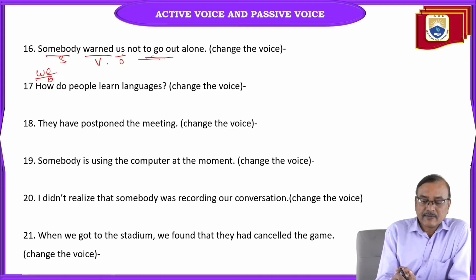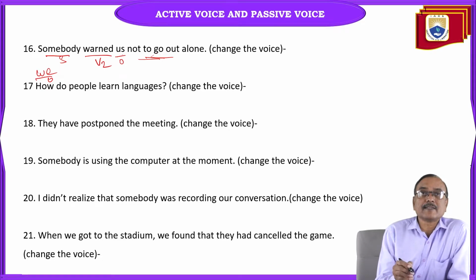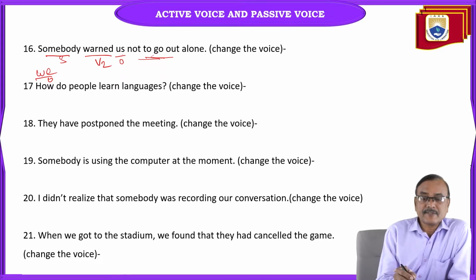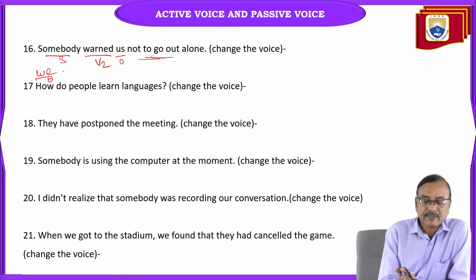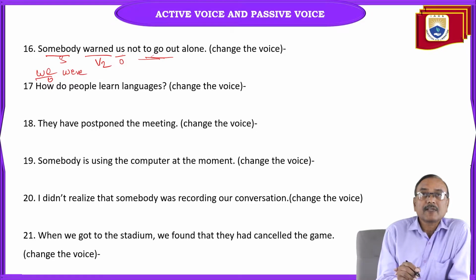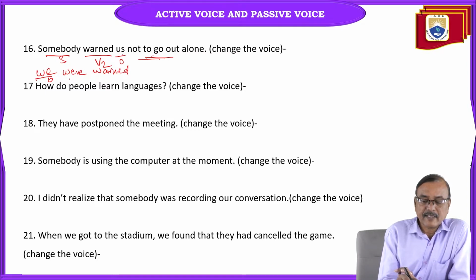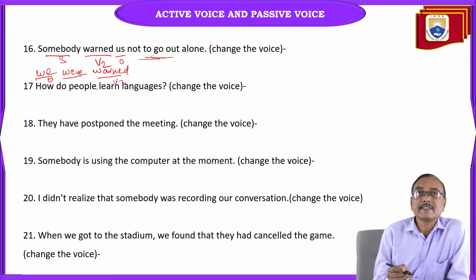This is simple past tense. Warned, simple past. So in passive voice, what is the passive helping verb in past tense here? Were. We were. Then V3 form: we were warned. Here were is the passive helping verb and this is the V3 form.